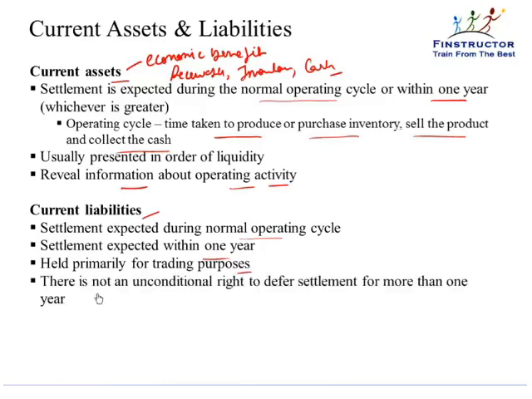And there should not be an unconditional right with the liability holder, that is with the company, to defer the settlement of the liability for more than 1 year. So if I can defer the settlement for, let's say, a time 2 years later into the future, then the liability will not be classified as current. So accounts payable, short-term notes payable, etc. are some examples of current liabilities.